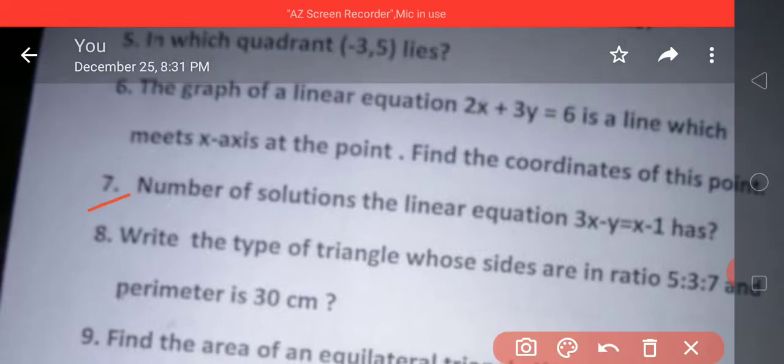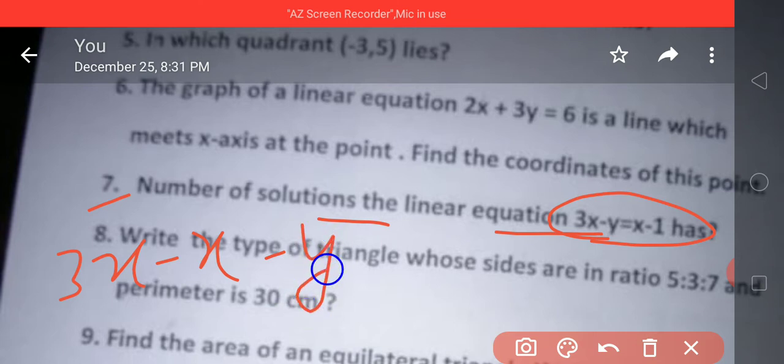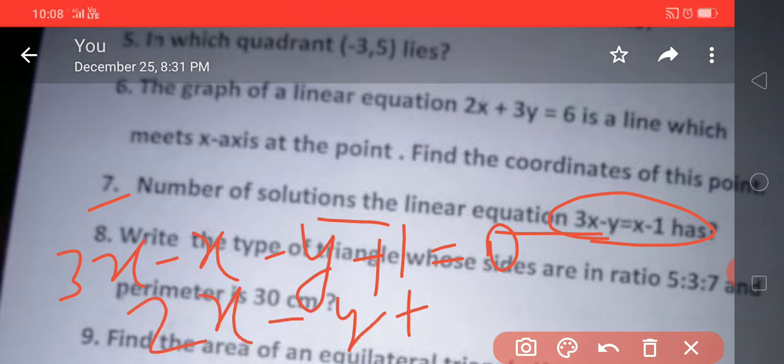You have been given the number of solutions of the linear equation. If you solve it, you will get 3x minus x minus y plus 1 equal to 0, and this will become 2x minus y plus 1, a single linear equation in two variables.